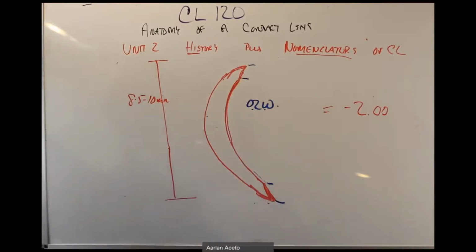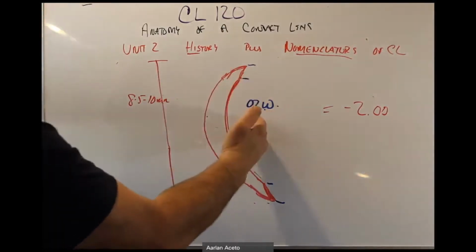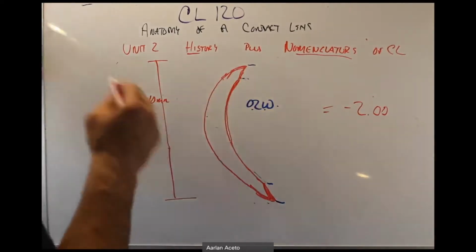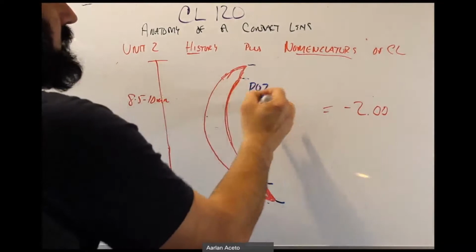This is the optic zone. That's the lens. That's what's going to be fitting on the eye, and hopefully they'll be looking through that, and off you go. We can specify this as the posterior or back of the contact lens optic zone. So sometimes you'll actually see it referred to as the optic zone or the posterior optic zone.